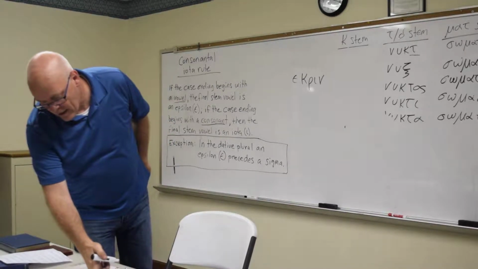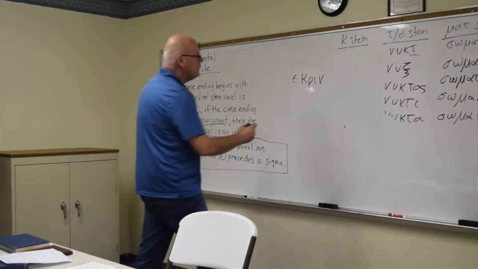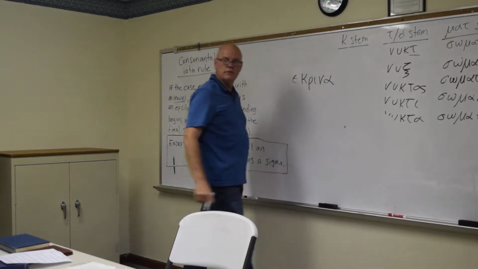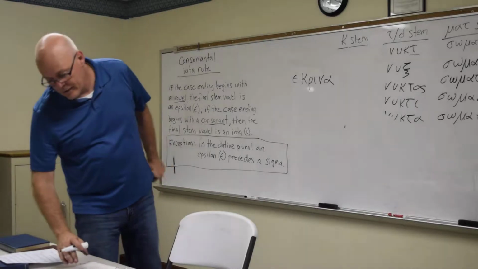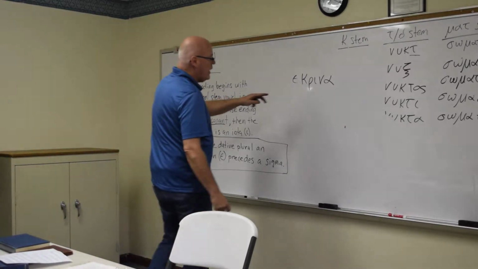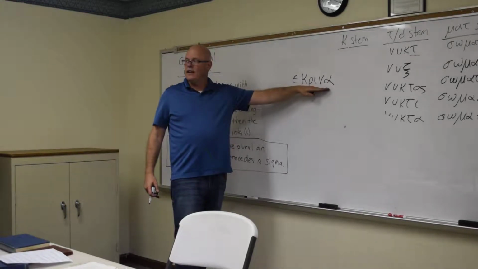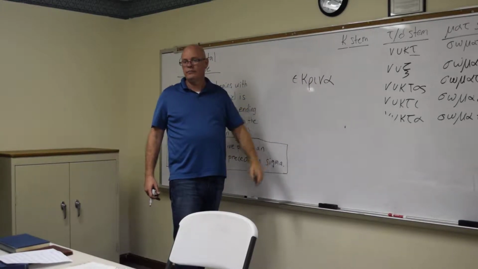Number two, the normal aorist thematic vowel alpha is used. So we put an alpha, and now we're done. That's it right there. That is the first aorist indicative active first person singular form of crino.